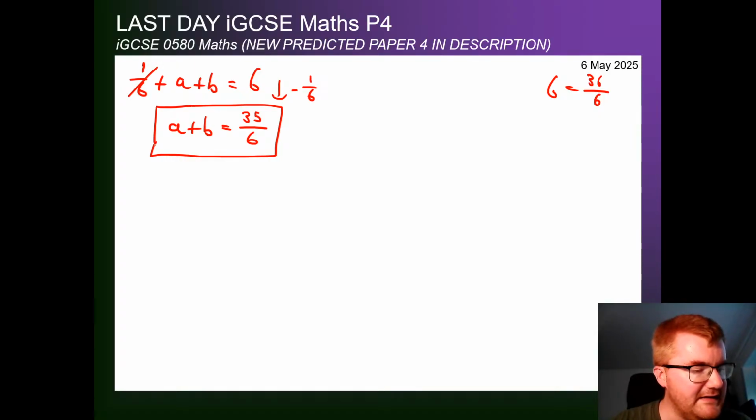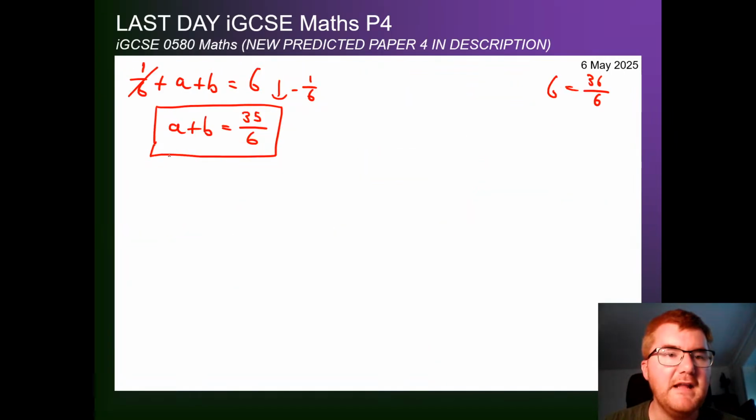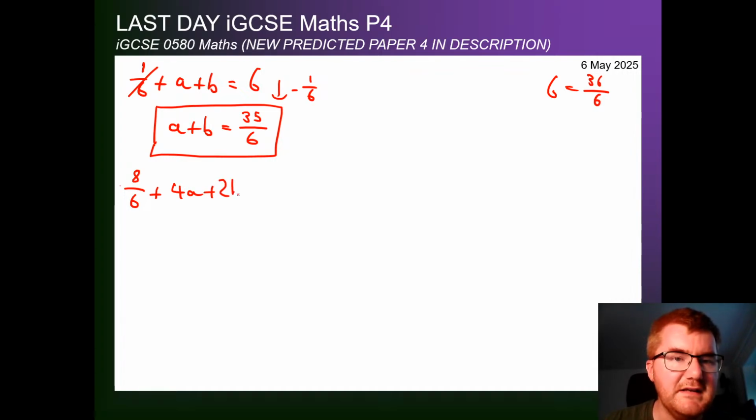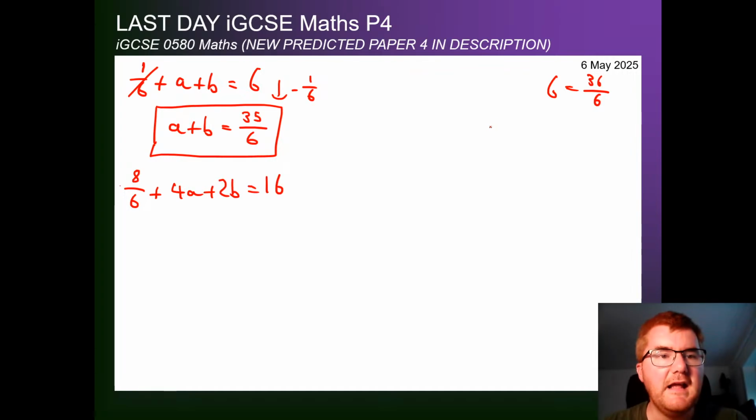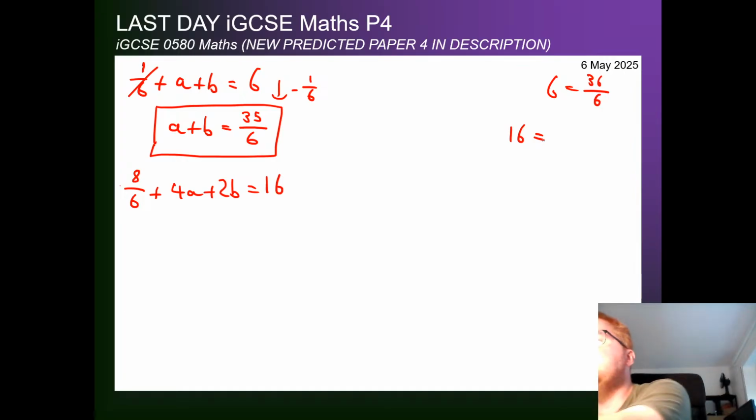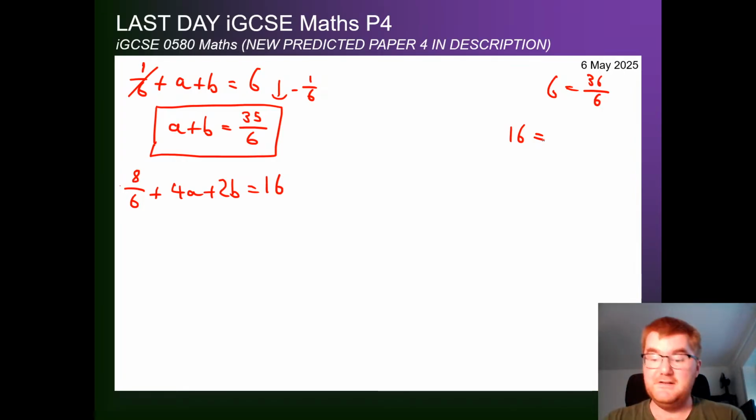Now let's take the second one. So we take the 8 over 6 plus 4a plus 2b is equal to 16. Again, we can do the same thing. So if we take 16, again, we can actually unsimplify this. Again, you've got a calculator, so please use it.